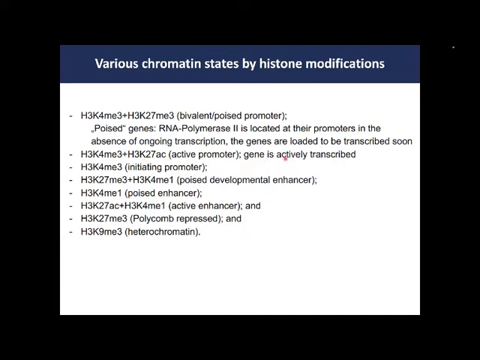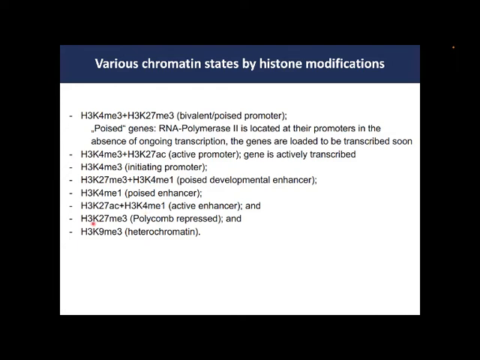is actively transcribed. And there are various types of definitions of the histone marks. For example, this region has the repressive marker K27 trimethylation as well as the active marker K4 methylation, which we call poised, balanced developmental enhancers.